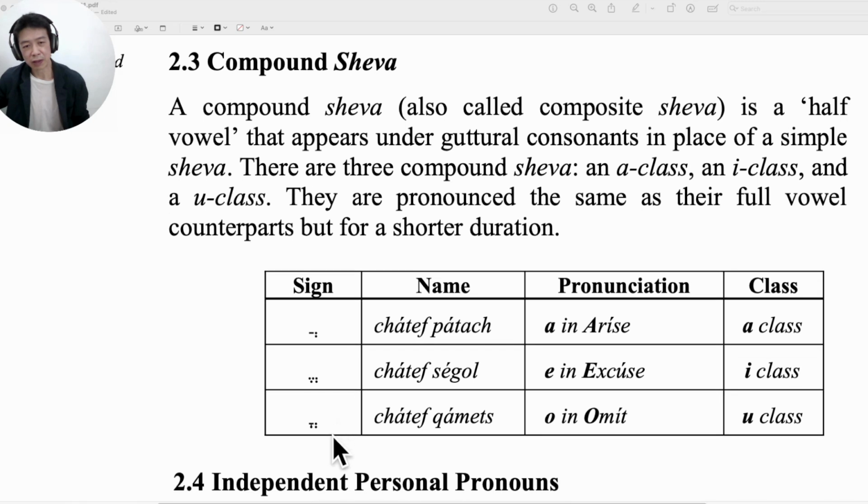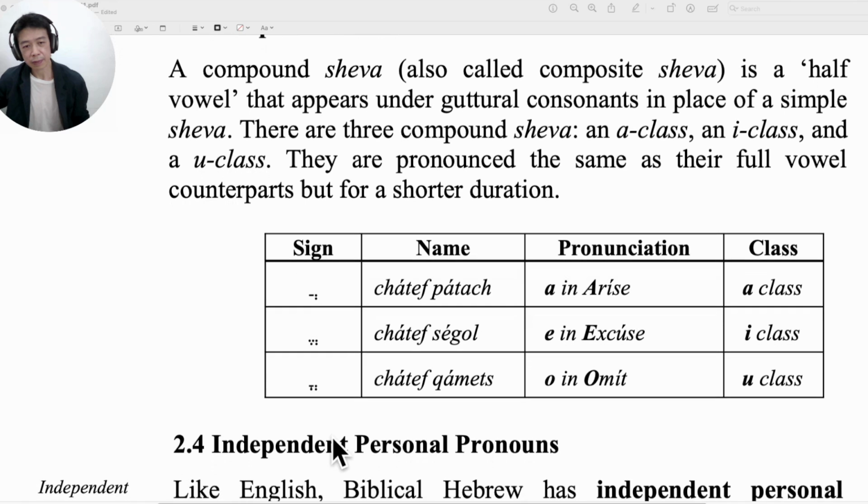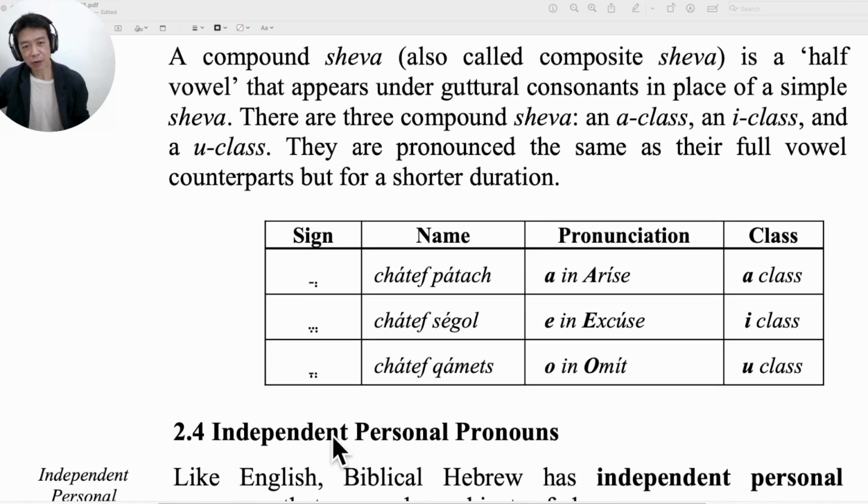For example, if you see a patah with shava, it's called a hatef patah. If you see segol, which is the three dots, with a shava, it's called a hatef segol. And if you see a kametz with a shava, it's called a hatef kametz.